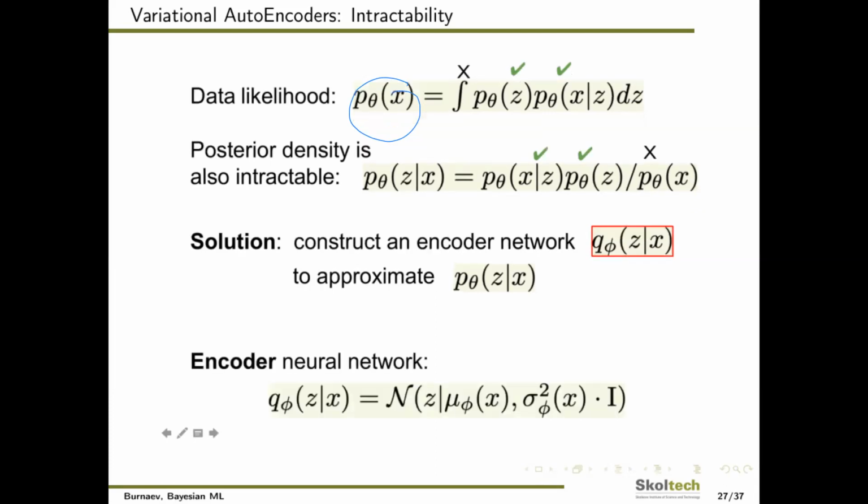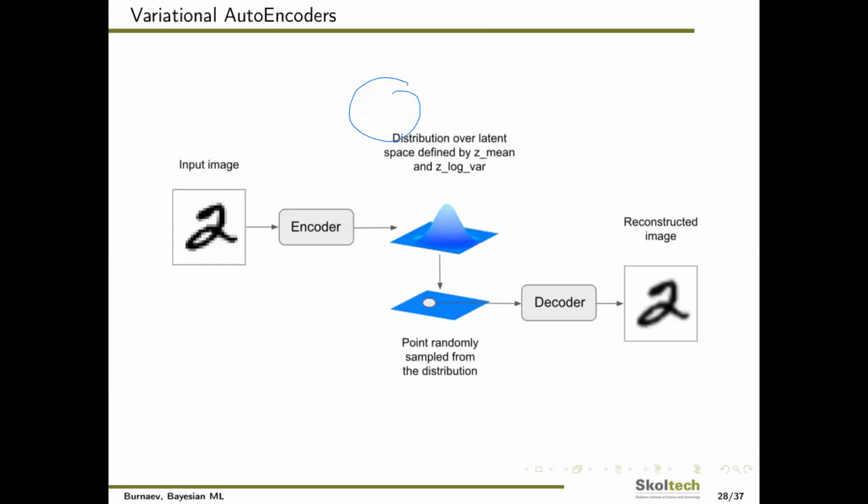And as we like Gaussian distributions a lot, we say that our encoder also defines a Gaussian distribution. We have a nonlinear transformation of X to mu and sigma, in this case not mu X and sigma X, but rather mu phi and sigma phi.